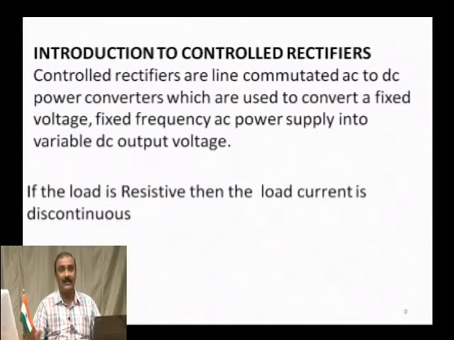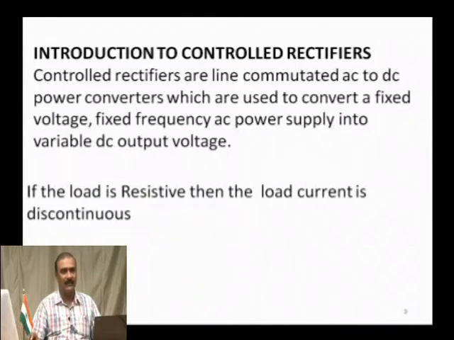Commutation means switching off your thyristor. I have given a list of commutation techniques, and you have studied about line commutation also. What is line commutation? Natural reversal of voltage is applied across the thyristor for commutating it.